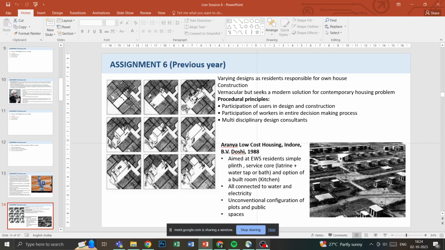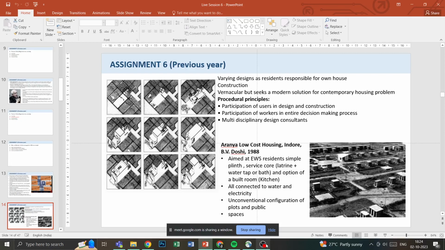So this is what happens in sites and services schemes: with the availability of resources and the need they have, they keep constructing over the years and turning it into something that they require.